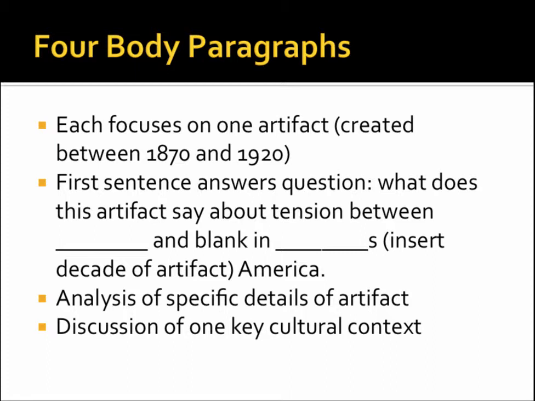The only exception to that is if you want to use a scene from one of the westerns that we watched for the course. Then, of course, those come from the later 20th century, and you can use one scene from a western as an artifact in your paper if you wish. So that would be the one exception to the time frame.